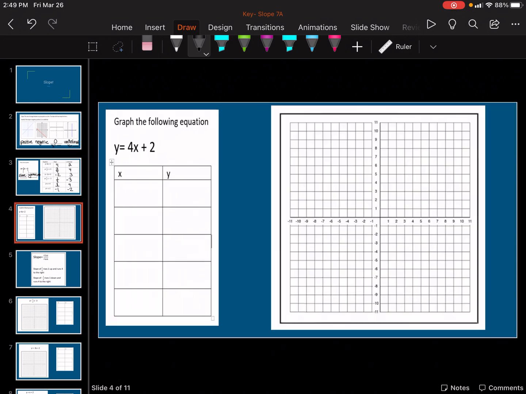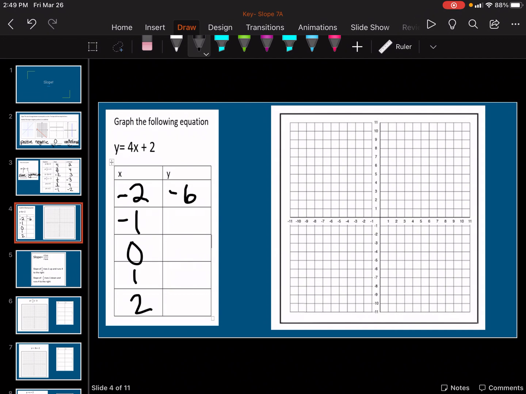So let's practice graphing. What I tend to do is I do -2, -1, 0, 1, and 2 in a graph, okay? So then I plug it in for the equation. So -2 times 4 plus 2 gets me -6.